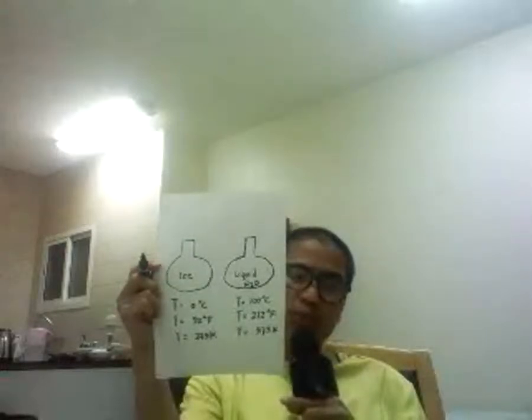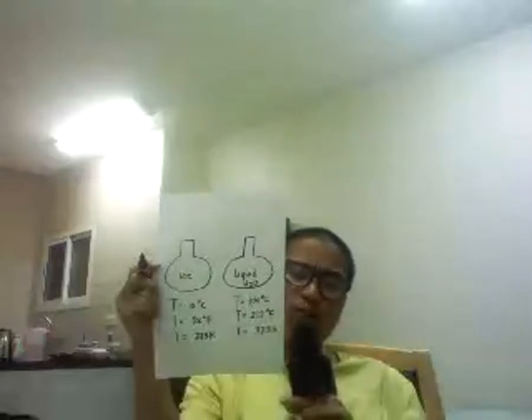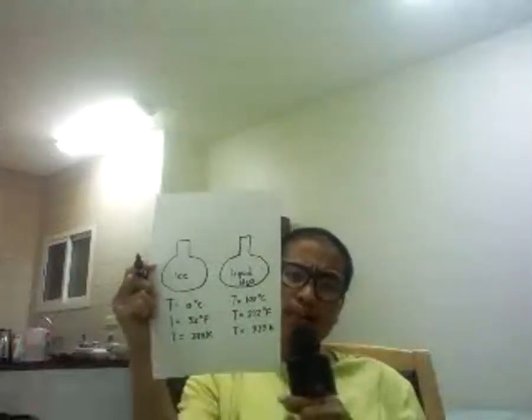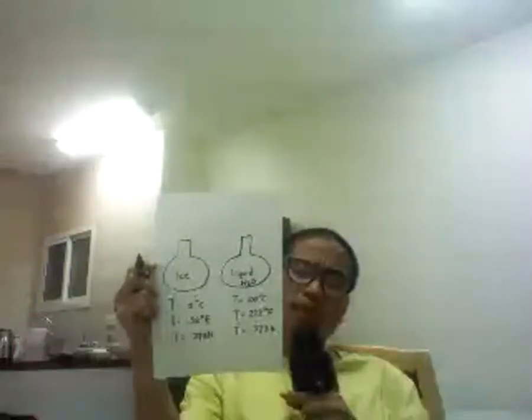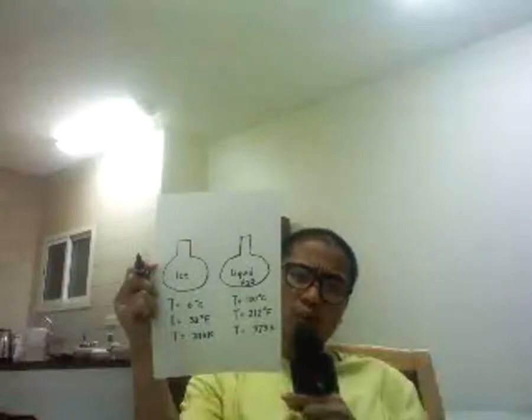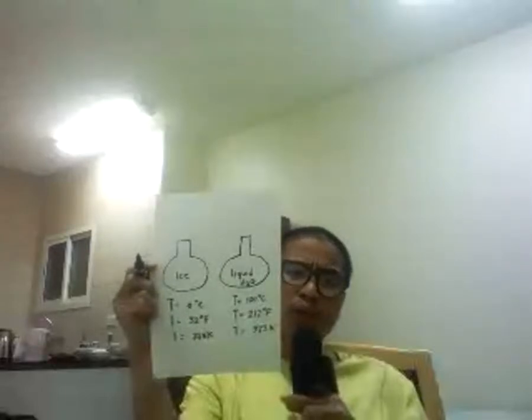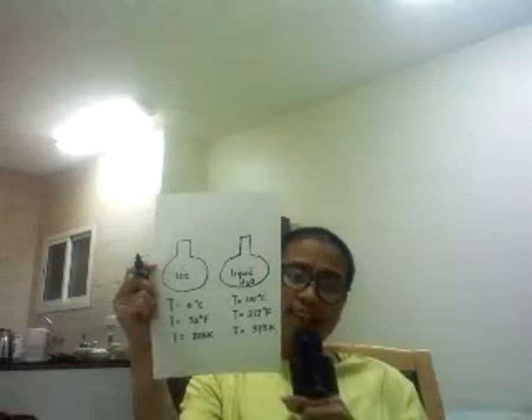So if you are unsure, use the formula: degrees Fahrenheit equals 9/5 times degrees Celsius plus 32, or 1.8 times degrees Celsius plus 32. And use also the degrees Celsius formula, which is 5/9 times degrees Fahrenheit minus 32. Okay, use that one.